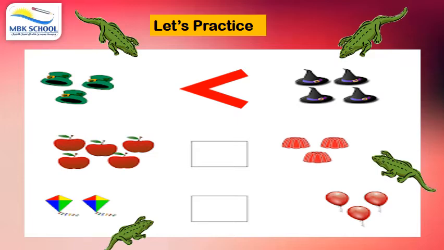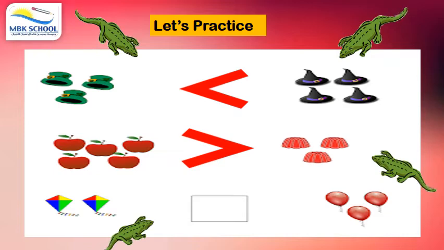So meaning to say the equation is 5 is greater than 3. Remember again, the opening of the mouth always goes to the bigger number. Right. 5 is greater than 3. Good job. Let's proceed to the next set.